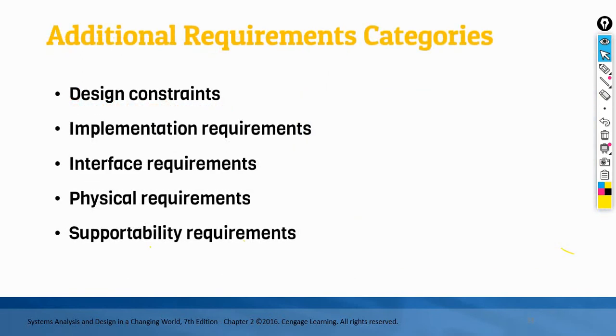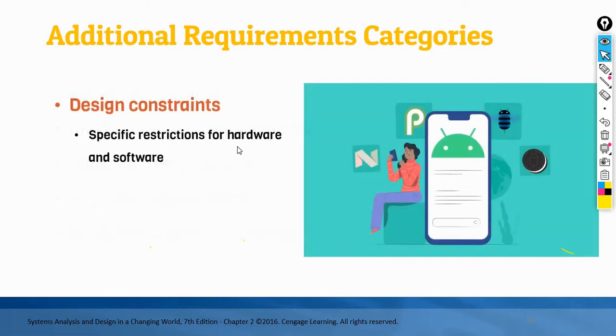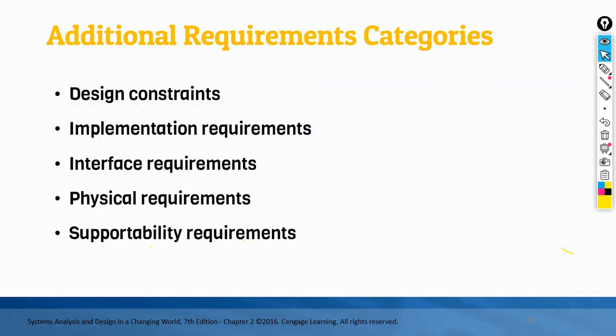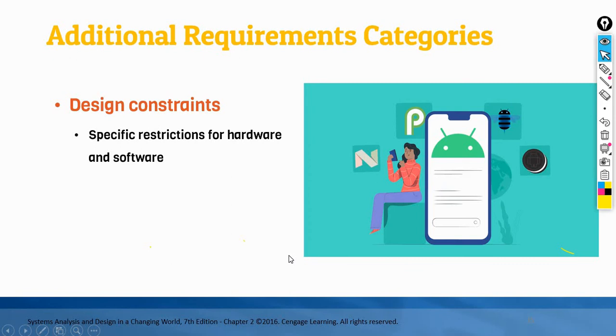The plus in FERPS Plus has these additional categories, including design constraints, implementation requirements, interface, physical, and supportability requirements. Design constraints describe the restrictions to which the hardware and software must adhere.